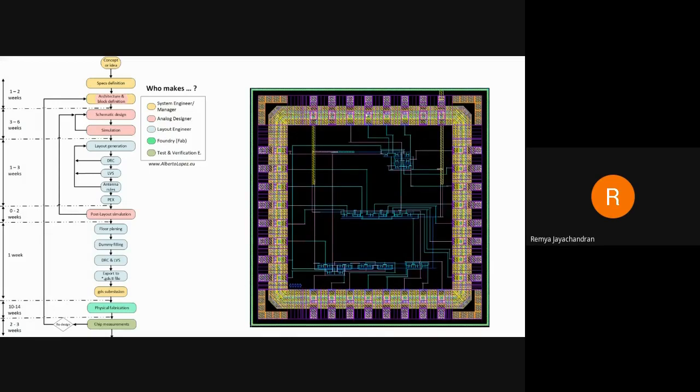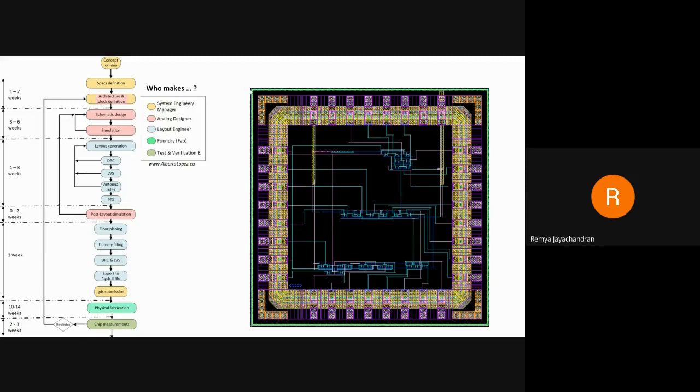You can see the complete IO pad frame in this, and for the bonding pads they have given some rules. For the placement of these bonding pads, you have to keep a minimum distance between the pads. And the outer boundary represents the seal ring of this IC.